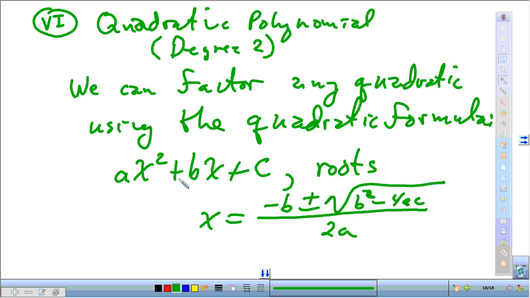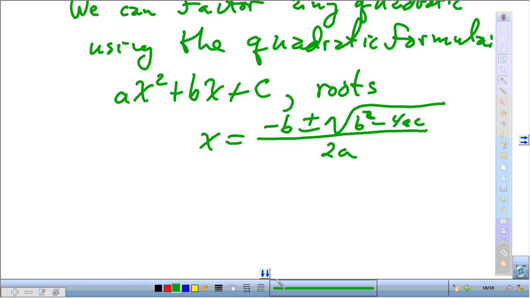So associated with a polynomial, if we set that equal to 0, we have a nice formula for the solutions. But if we can solve and find the roots, we've also found the factors.